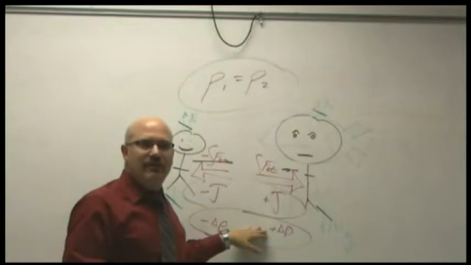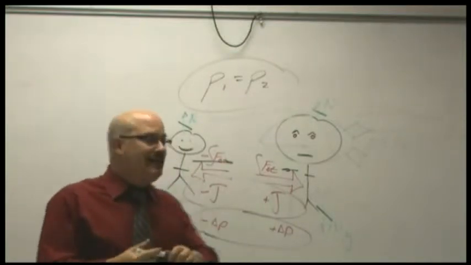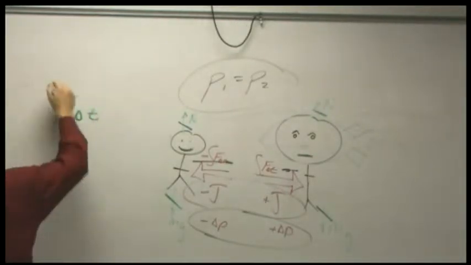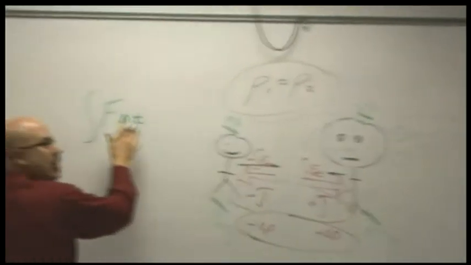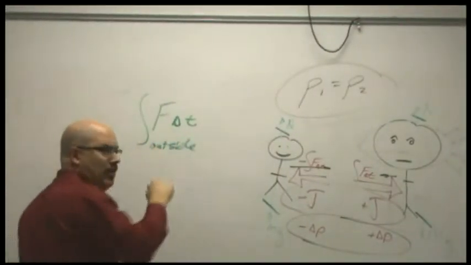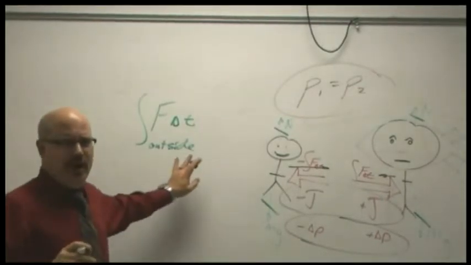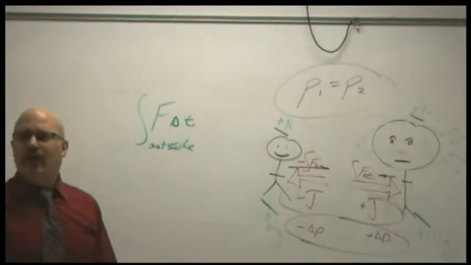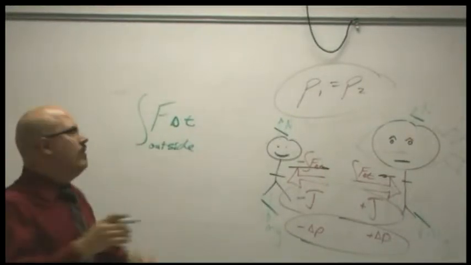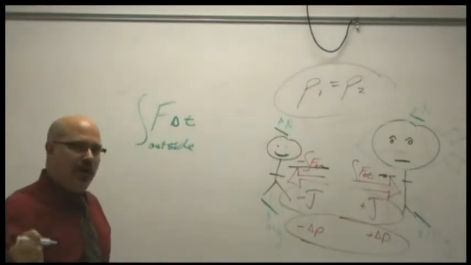If there's an outside force, sometimes we neglect it, as long as this outside impulse, F delta T, is small enough, like air resistance. That's not going to really do anything. In a car crash, the friction is only going to matter during the crash itself.